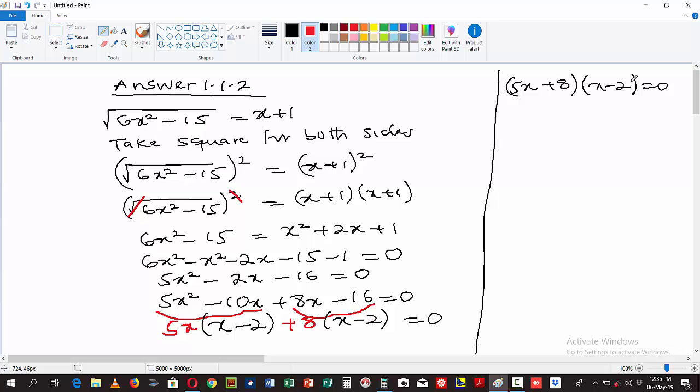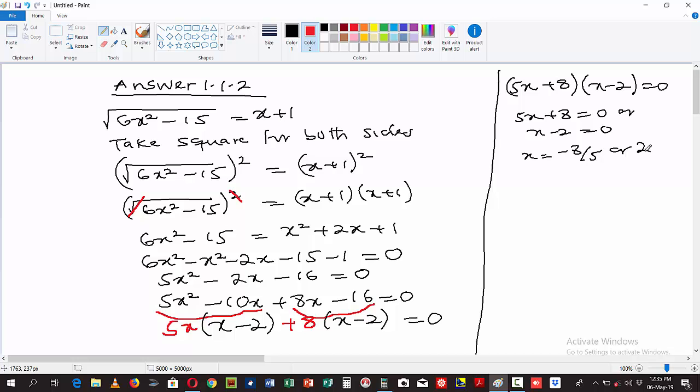That is, x minus 2 is inside the bracket. So we are going to take each one equal to 0. Therefore, 5x plus 8 is equal to 0, or x minus 2 equal to 0. We now have x is equal to minus 8 over 5 or 2. We have two answers for x now.